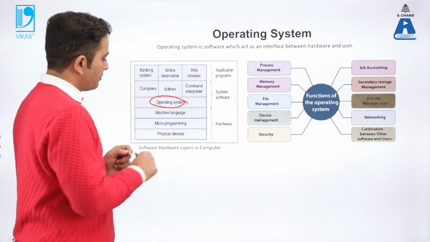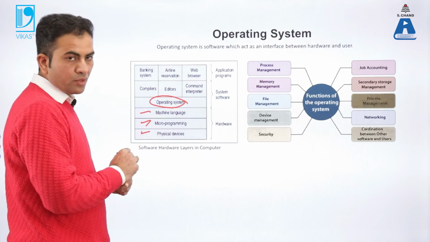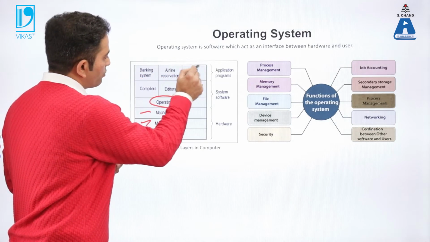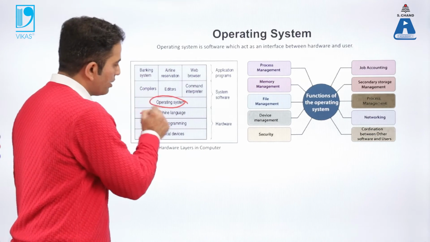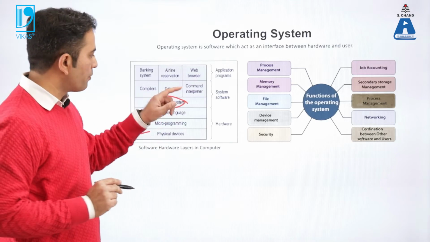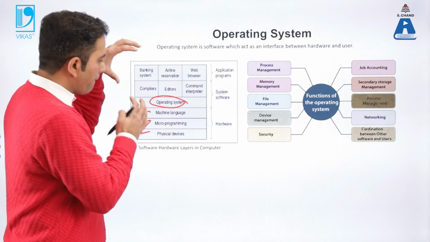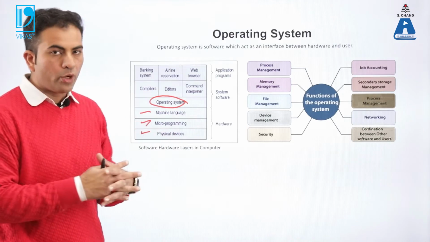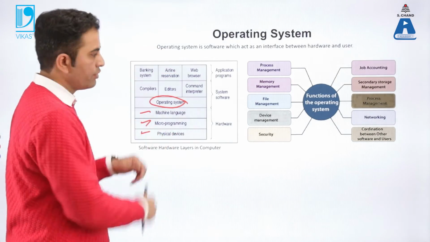Without the operating system, we can't communicate with our hardware. There is no use of software, there is no use of hardware if we don't have an operating system. So the operating system is the main bridge between our various application software and various hardware.